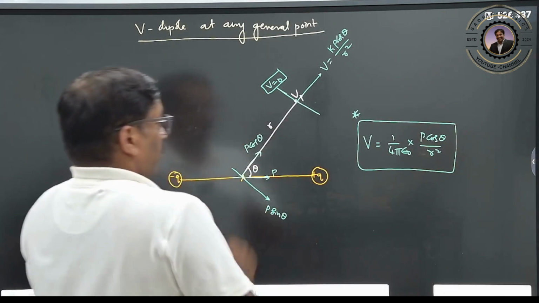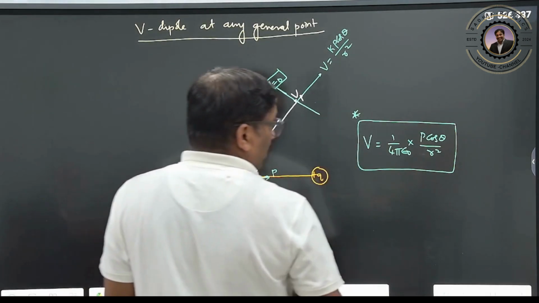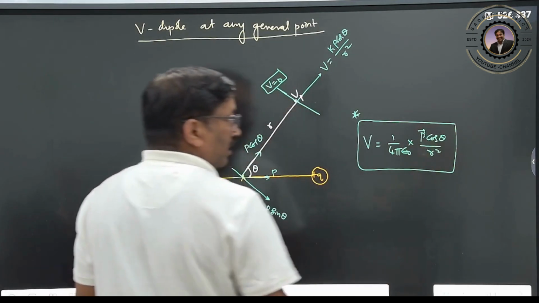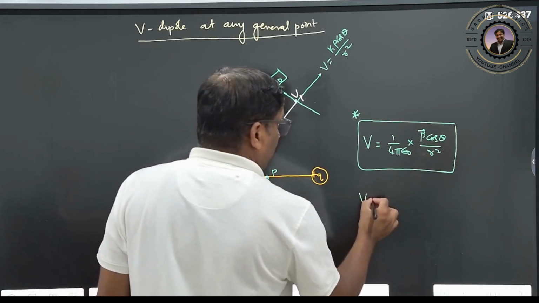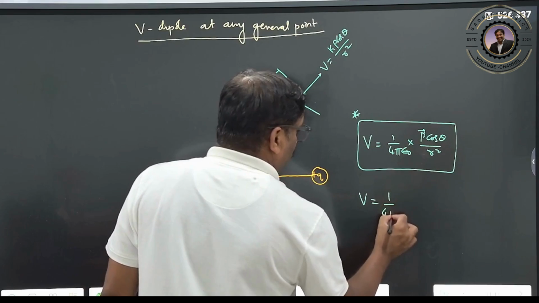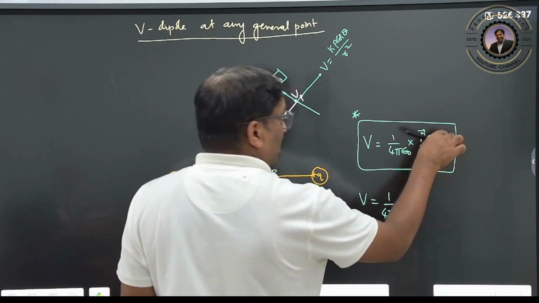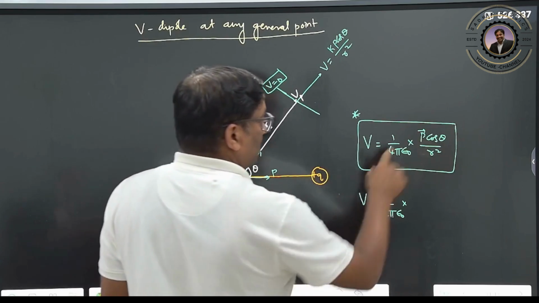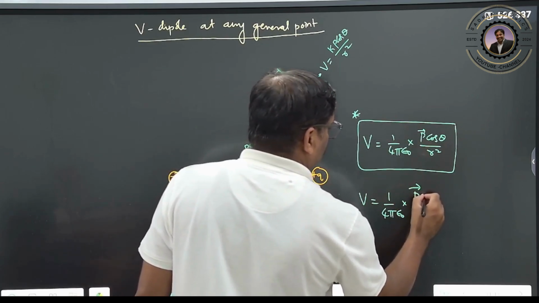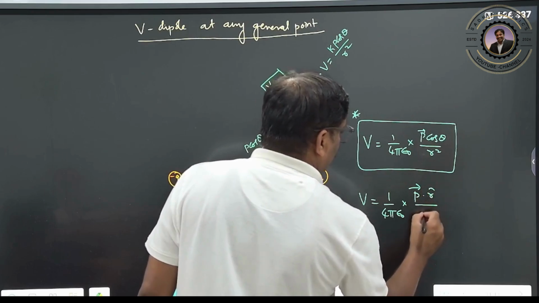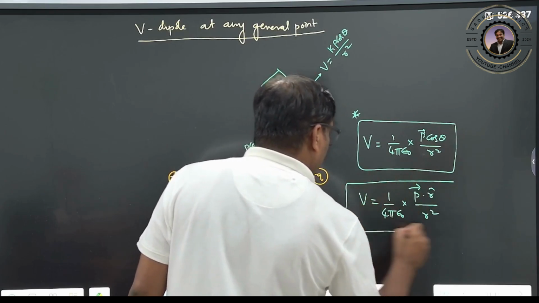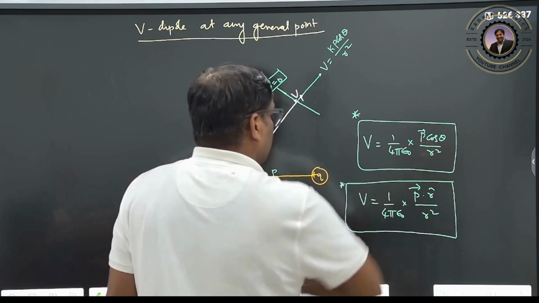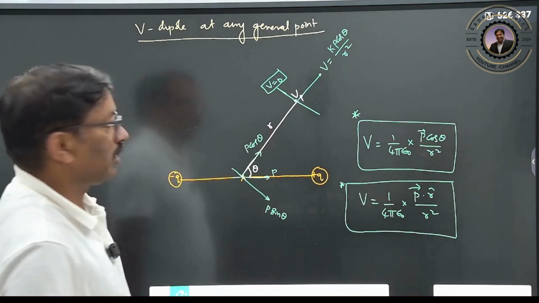Clear? Potential is a scalar quantity, but dipole moment is a vector quantity. So you can write 1 by 4 pi epsilon naught into p dot r cap by r square, which is the vector form of the potential due to the dipole.